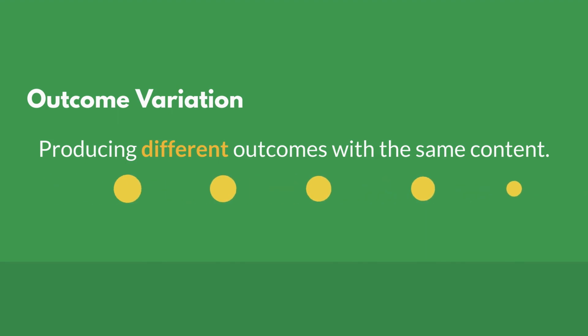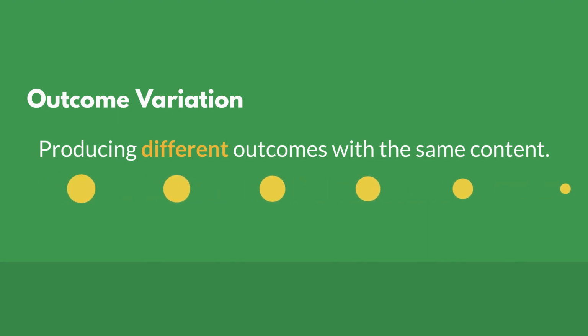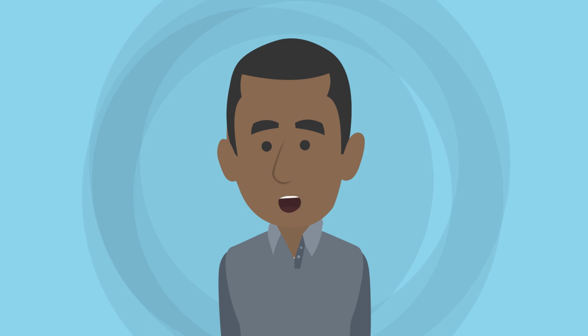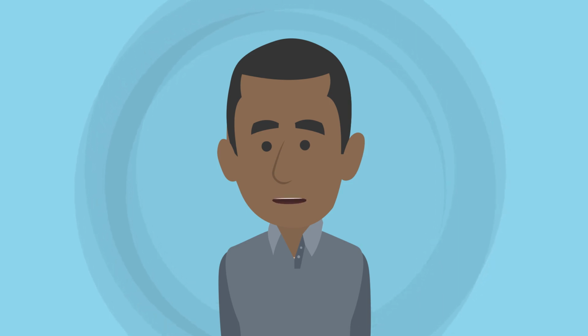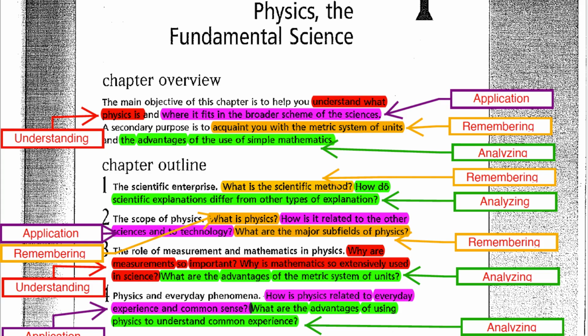This is the skill of producing different outcomes with the same content. If students are going to do well on cognitively complex material, then they must be able to activate thinking skills consistent with the modes of thinking that are being assessed. For example, consider the varied modes of thinking that students must use on this content.